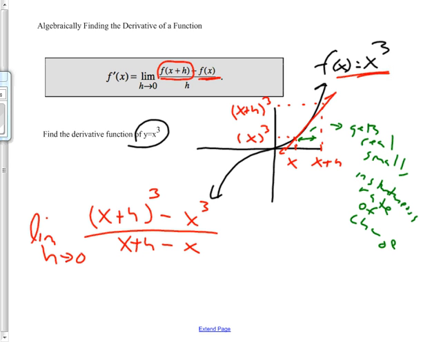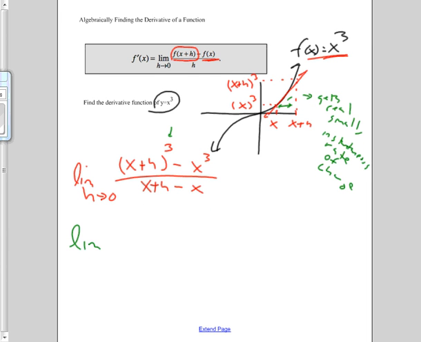Okay, this problem is just a little bit more tricky because instead of having a binomial squared, we now have a binomial cubed. If you're not familiar with Pascal's triangle in terms of binomial expansions, it's worth reviewing. It's worth coming up and asking me about it. But I'm assuming that you got that hammered in pre-cal or Algebra 2. So I'll just jump ahead and say that we can simplify this as x cubed plus 3x squared h plus 3xh squared plus h cubed.